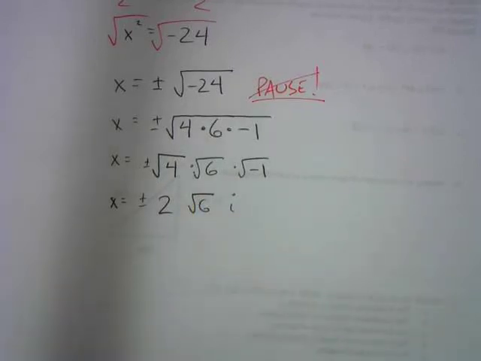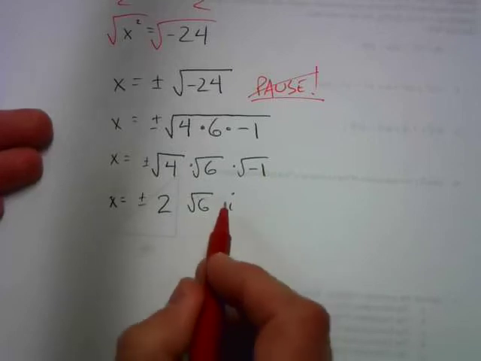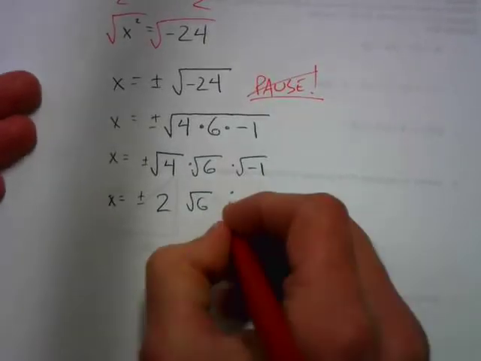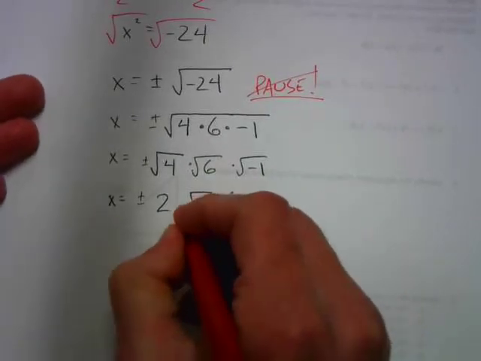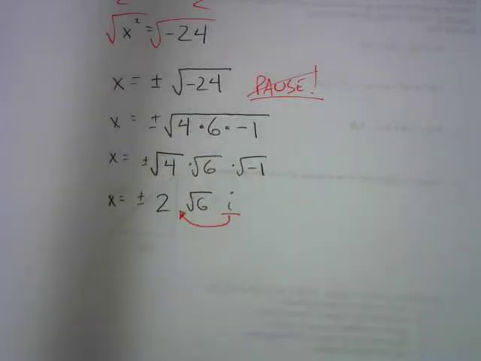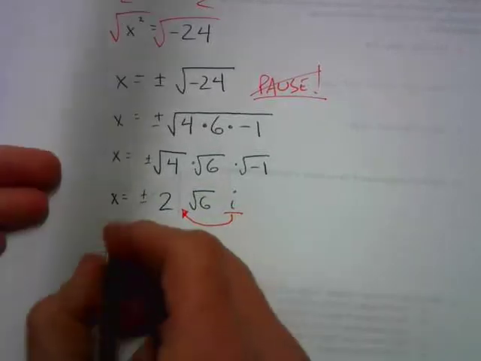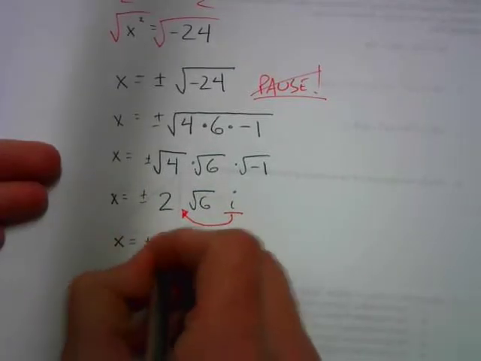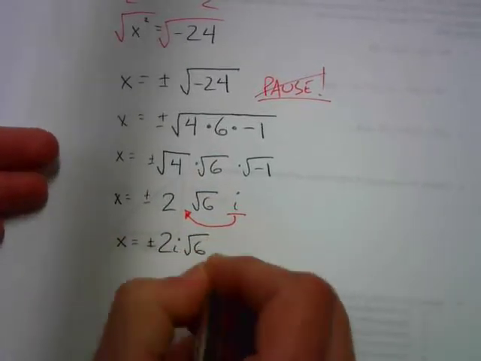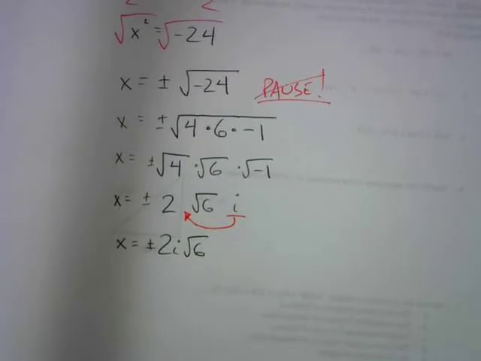I becomes a coefficient. So we're going to take our new friend, put i as the coefficient of the radical symbol. And so we have x being equal to plus or minus 2i times the square root of 6.